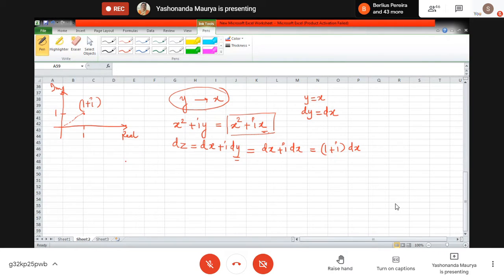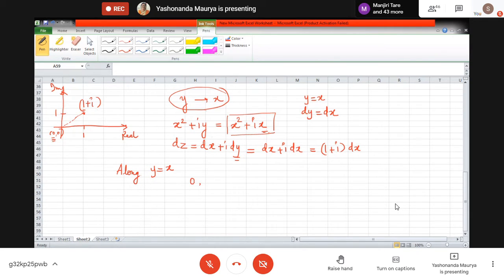When we want to reach from 0 to the point 1 plus i along the line y equal to x, what are the values for x? We have decided to treat x as the variable, so everywhere wherever y is appearing, that has to be replaced. So for this variable x, what is the variation? Now see, this x goes from 0 to 1.